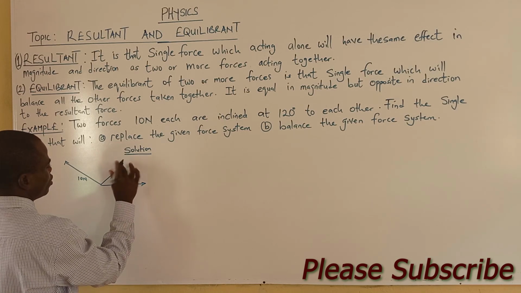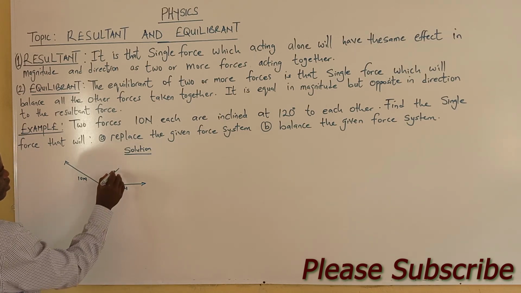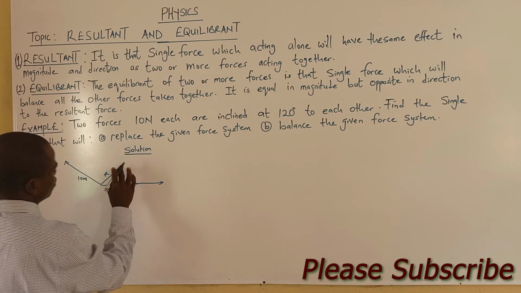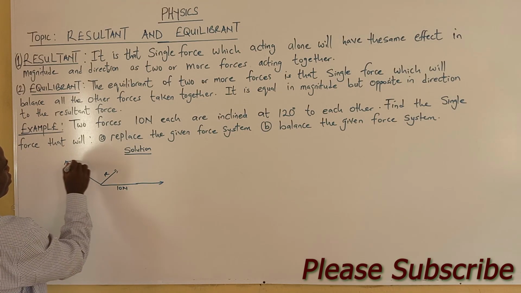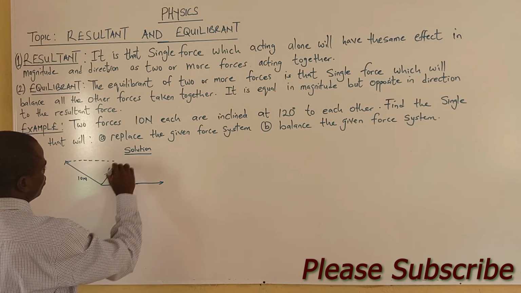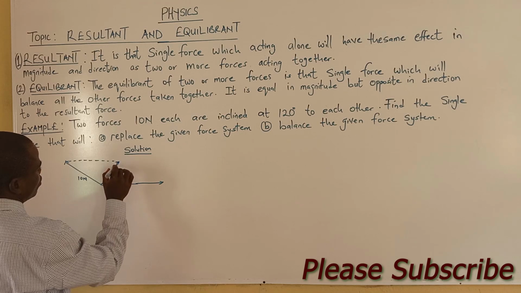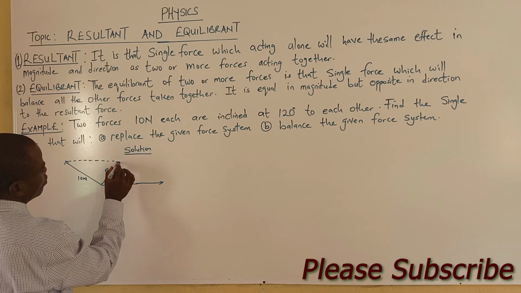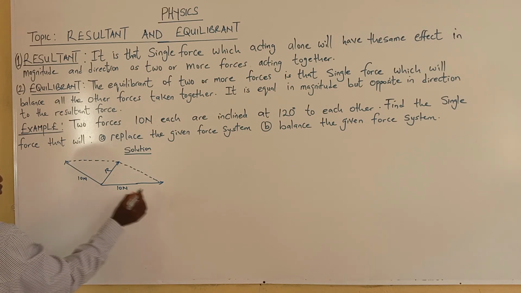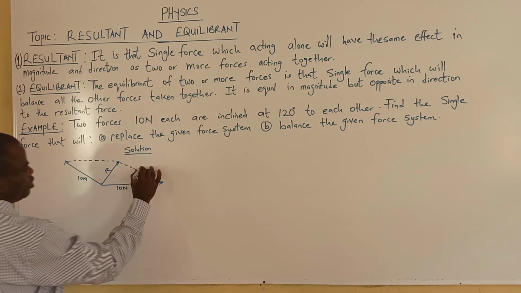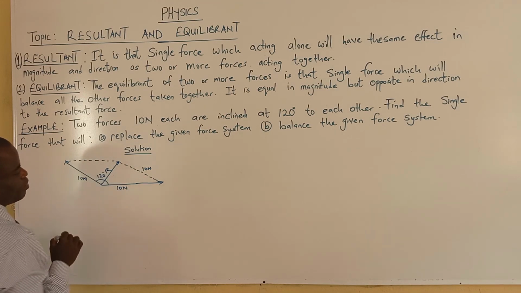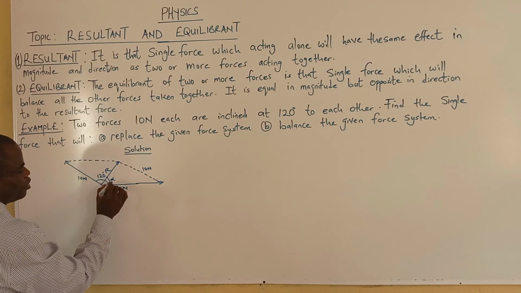You have this as your resultant, so that is R. This is 10, this is also 10 Newton, and it's at an angle of 120 degrees. You have your alpha here to get the direction.